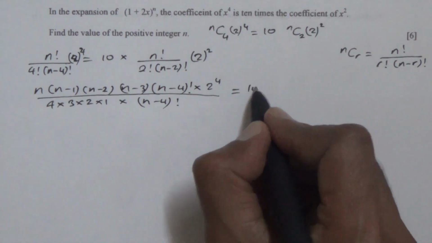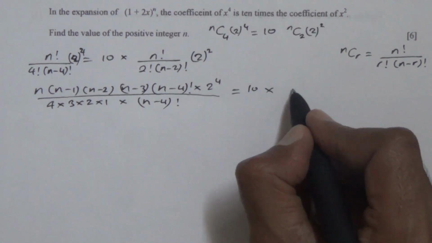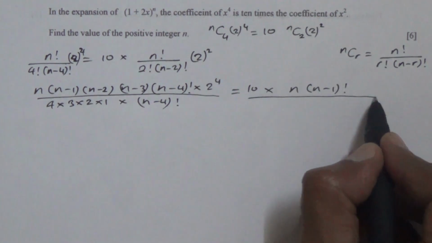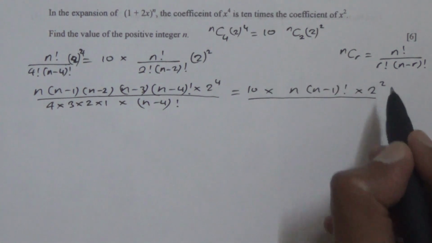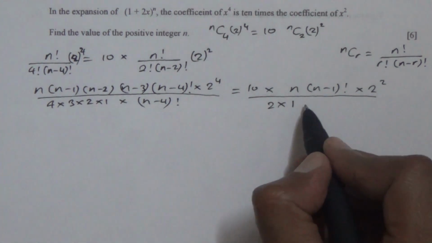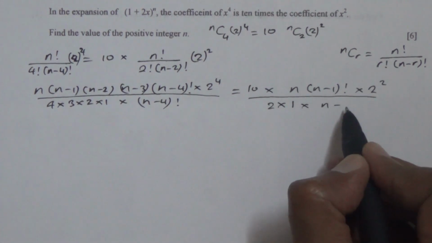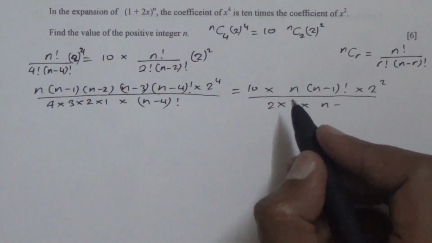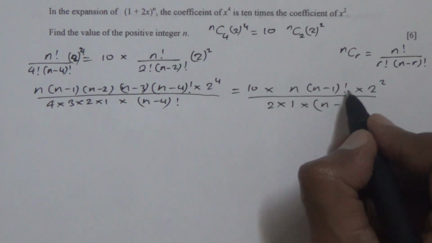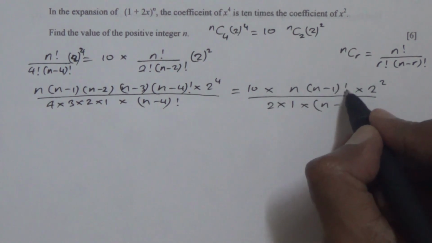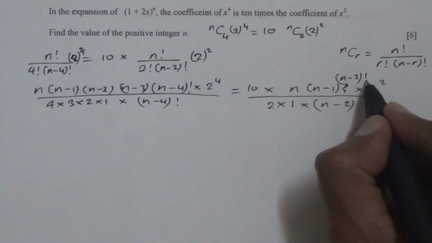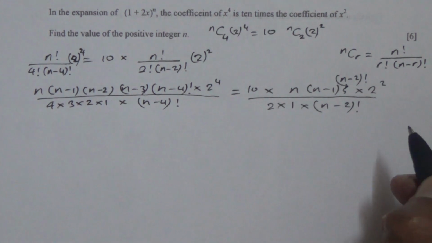That's going to be equal to 10 times n into n minus 1 factorial, divided by, times of course, the 2 to the square, and then the factorial of 2 is basically 2 times 1, into n minus 2 factorial.